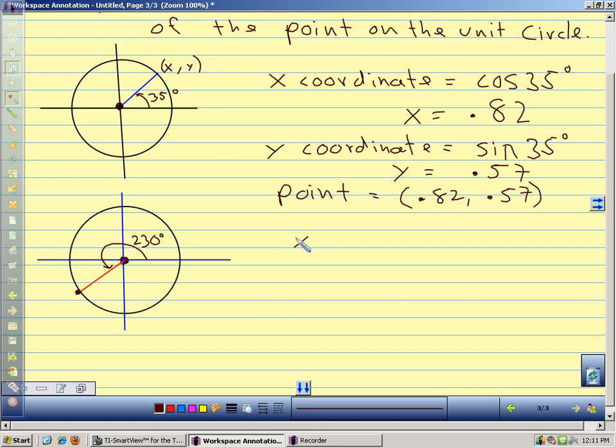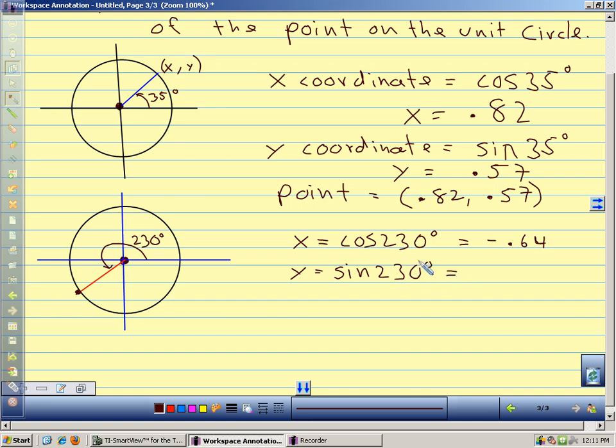So x is just the cosine of 230 degrees. Plug that into our calculator, and we get negative 0.64. And the y is the sine of 230 degrees.